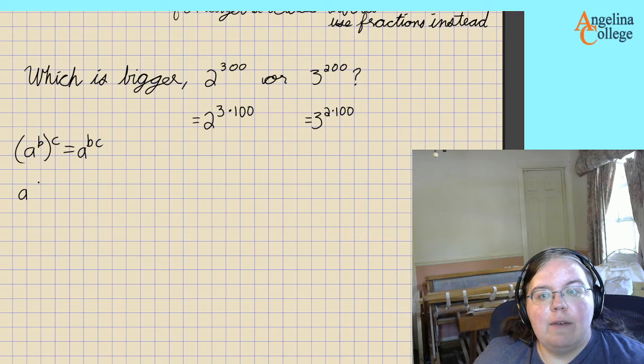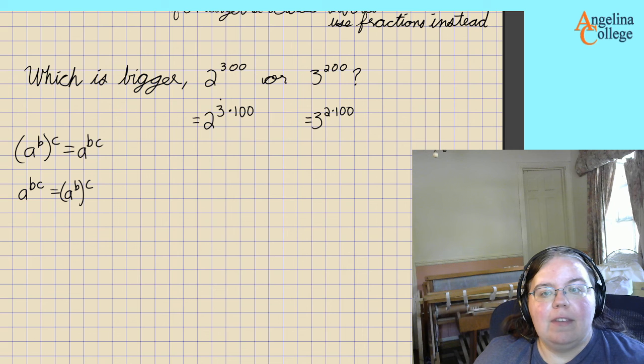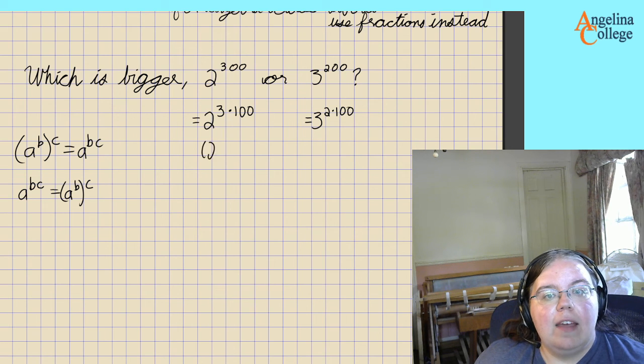So if you have a to the power b times c, and it would be convenient to do so, you are allowed to write that as a to the power b, then to the power c. So I am going to rewrite this as 2 to the power 3 to the power 100. And I'm going to write this one over here as 3 to the power 2 to the power 100.